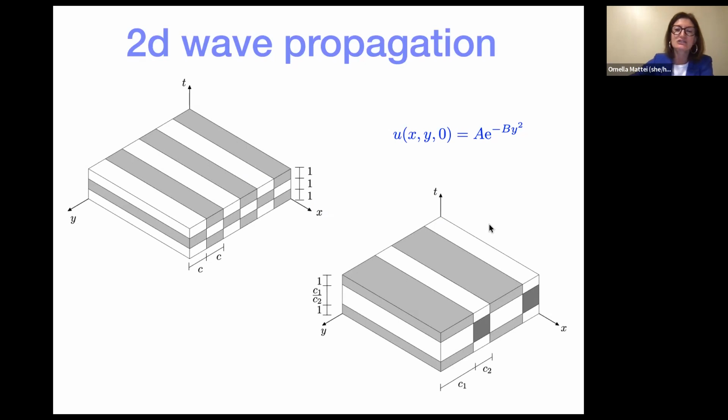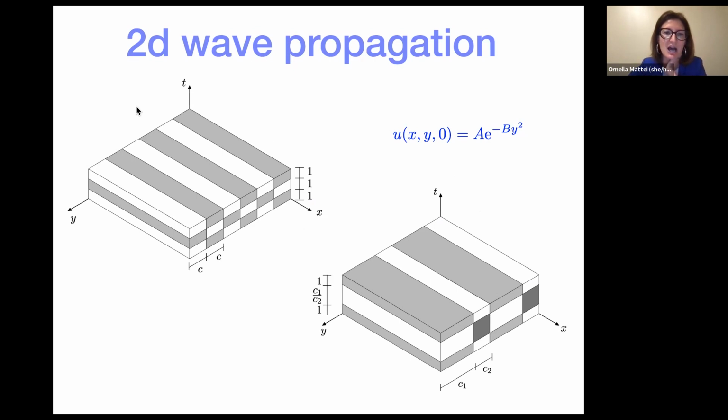Okay, yes. So now, what about 2D wave propagation? Well, if we are looking at a pulse that is unidirectional, like this one, then it's very easy, in the sense that all you have to do is extend the design of the microstructures that we proposed in the 1D case to the 2D case.